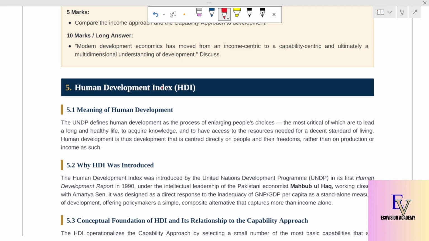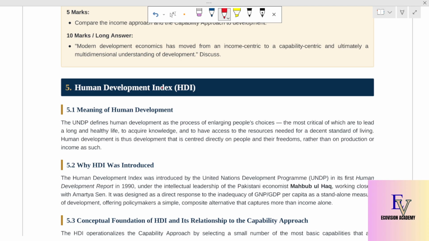Okay, and the most important things are a long and healthy life, and to acquire knowledge. Acquiring knowledge means some education or some literacy in the country. Now, why HDI? What is the backstory of HDI? Previously, there was no HDI.